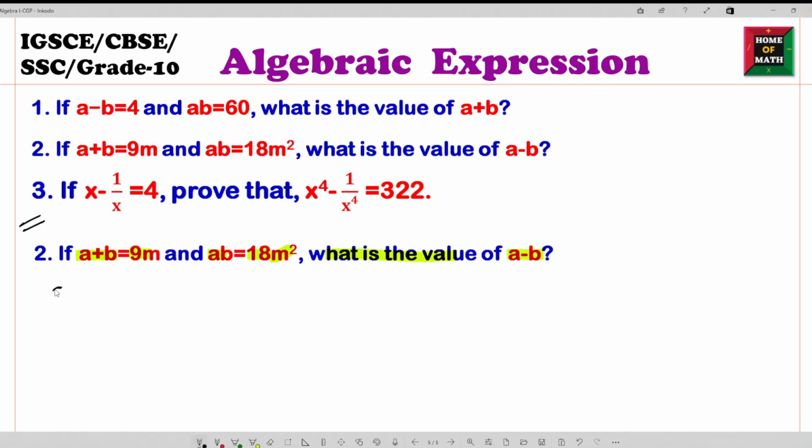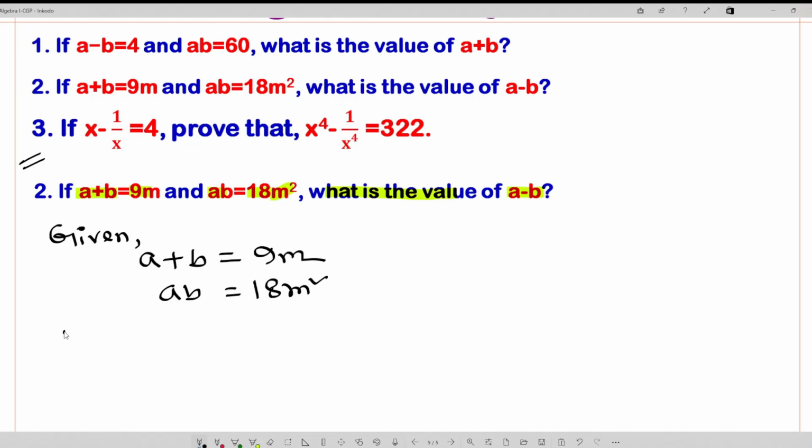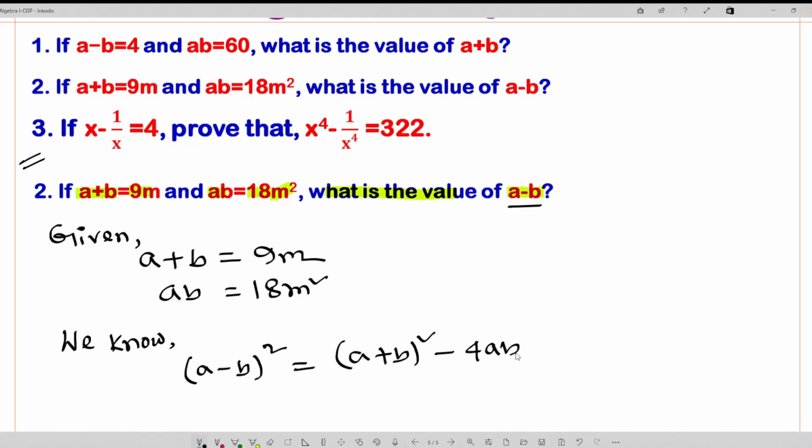So we can write here, given a plus b equals 9m and ab equals 18m square. We need the value of a minus b, so we can write like this: a minus b whole square equals a plus b whole square minus 4ab.